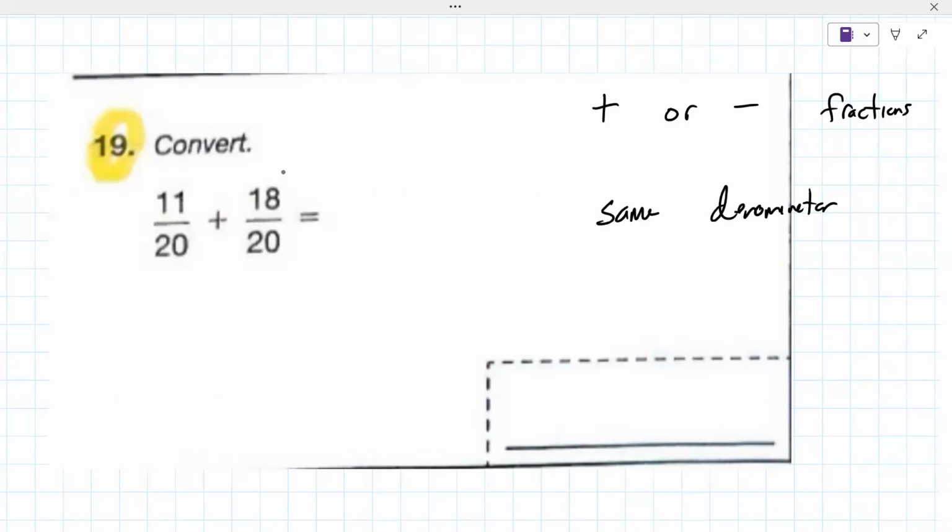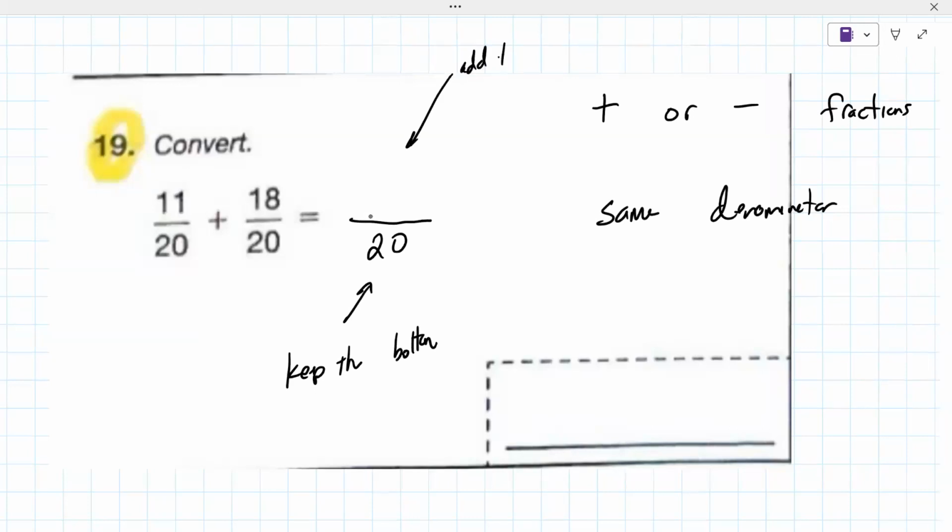So when the bottoms are the same, you keep the bottom, and you add the top.